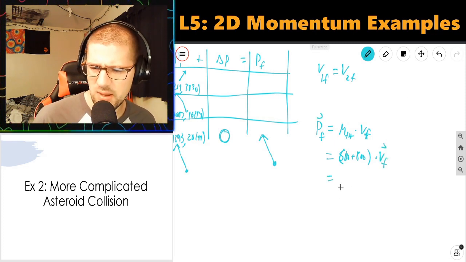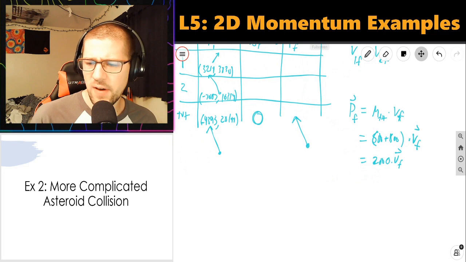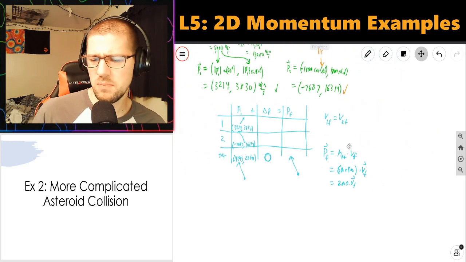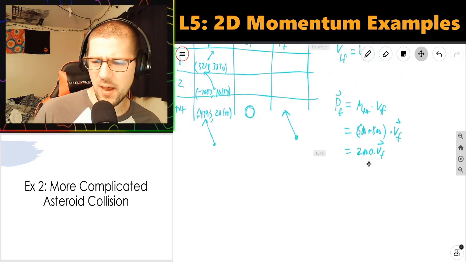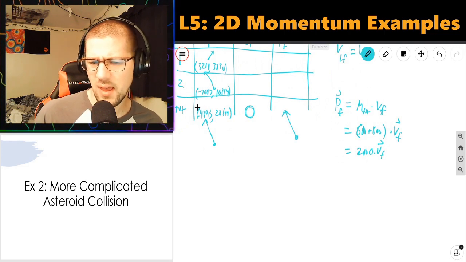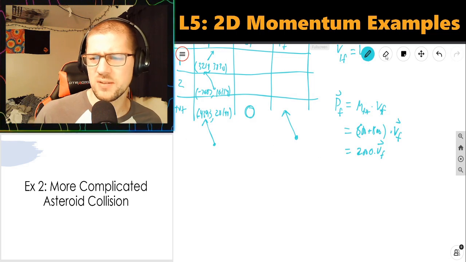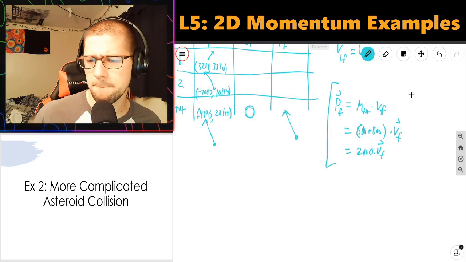And these are vectors. So that's 2,000 times the VF vector. So the final velocities of these two asteroids can be found just by knowing that momentum is conserved, and at the end, when they're stuck together, they'll be traveling with the same speed. That's where this comes from.